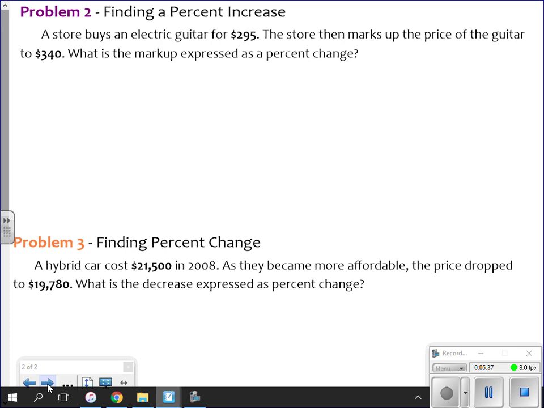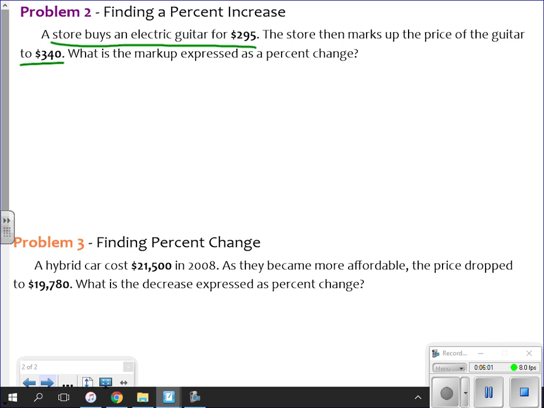Okay. Problem number 2 for finding a percent increase. Same idea, I have 2 numbers. The store buys an electric guitar for $294. Then they mark up the price to $340. What is the markup expressed as percent change? So once again, big minus little.